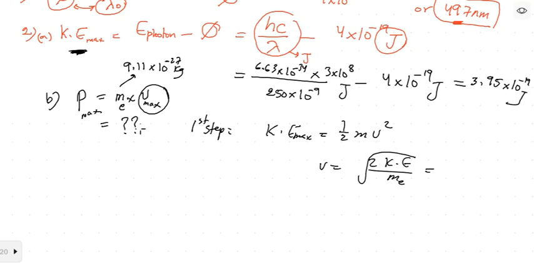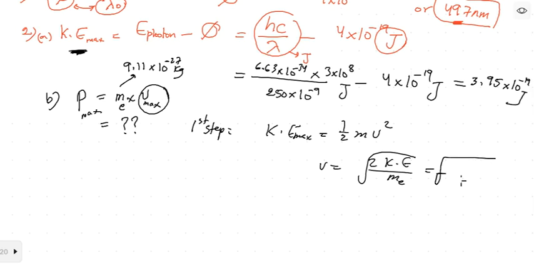We do this calculation on the calculator.